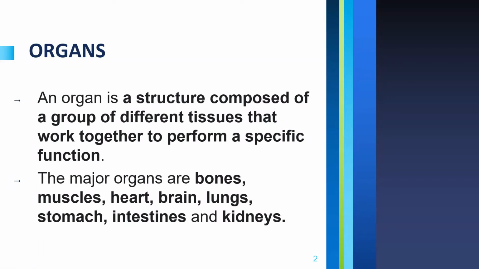So let's first define what an organ is. An organ is a structure composed of a group of different tissues that work together to perform a specific function. The major organs are bones, muscles, heart, brain, lungs, stomach, intestines, and kidneys. Without these major organs, we are not able to do the things that we need or want to do.